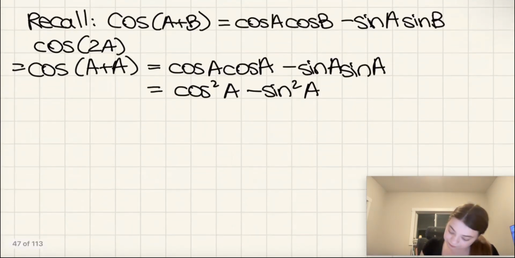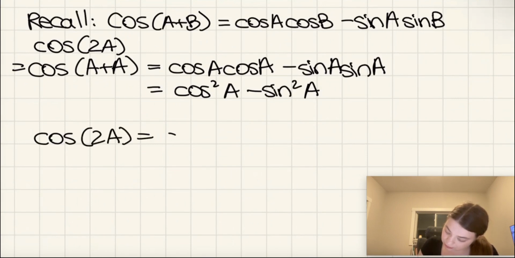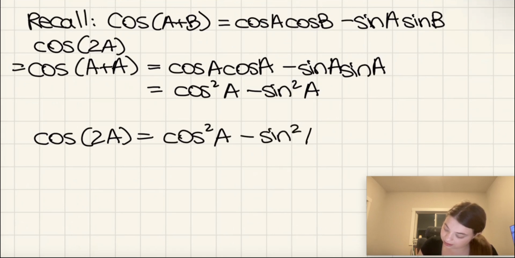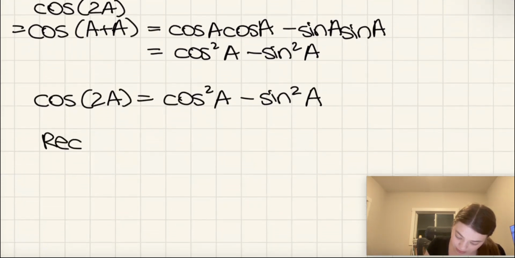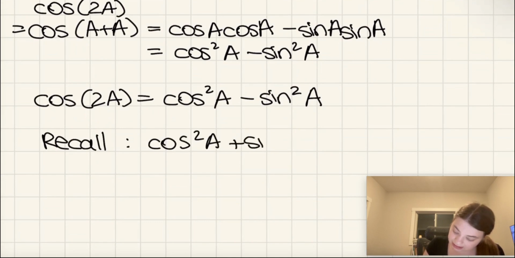We've already proven that cosine 2A is equal to cosine squared A minus sine squared A. Now, recall from the Pythagorean identity that cosine squared A plus sine squared A is equal to 1.